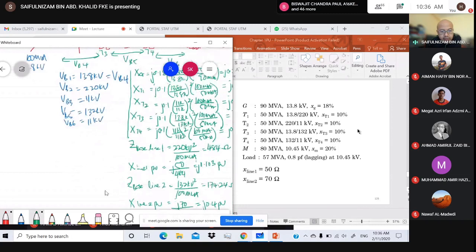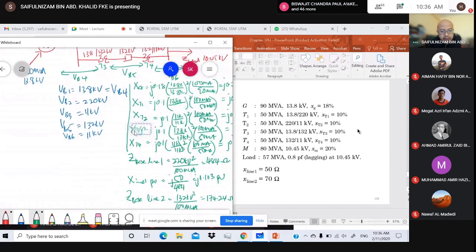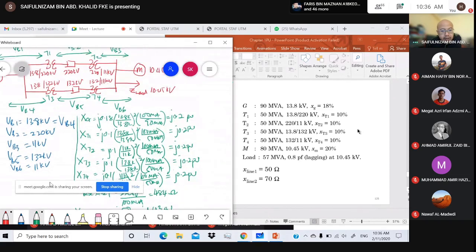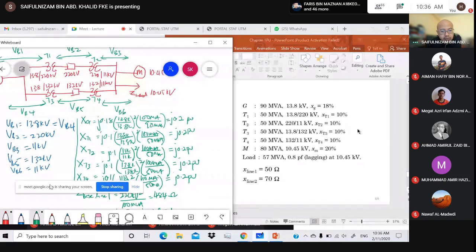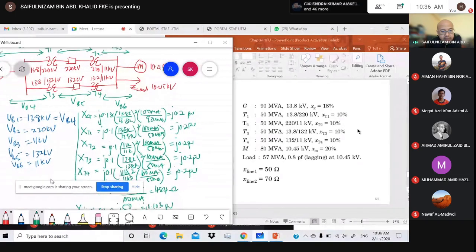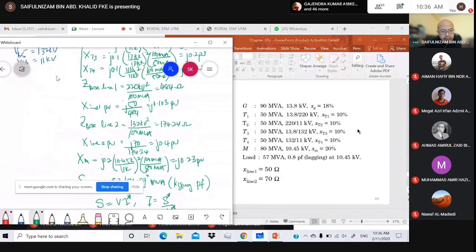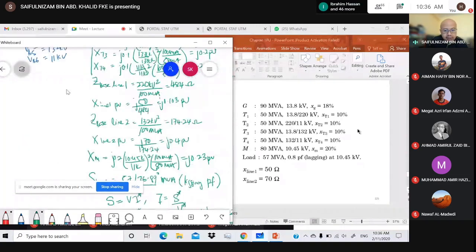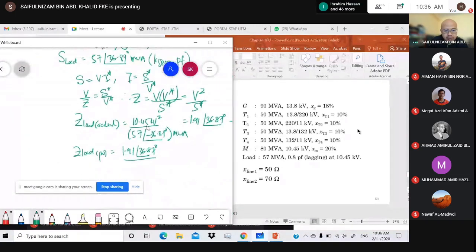Since the zone for the load and motor is the same, right? So load and motor have the same base voltage, so the base impedance would be the same. What is the base for the motor? We didn't calculate yet, right? Okay, we calculate the base.